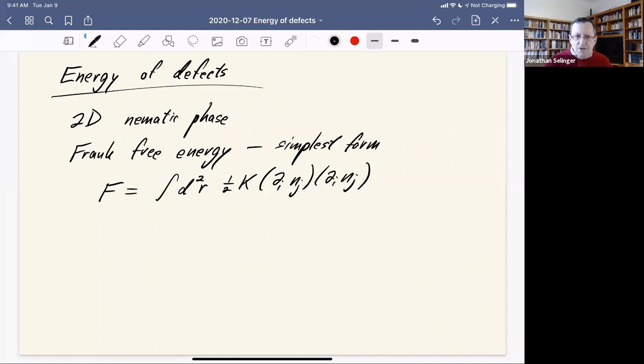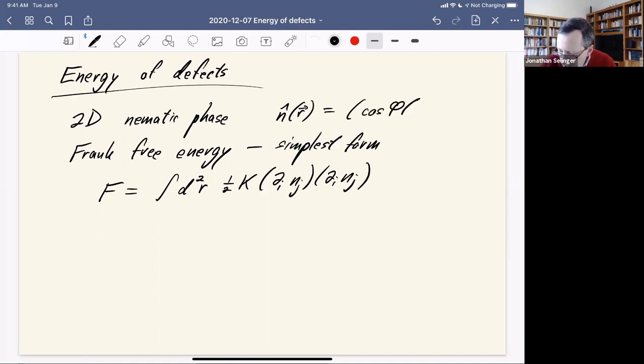Now if we are working with a two-dimensional liquid crystal, the director field as a function of position has an x component, cosine of phi, and a y component, sine of phi.